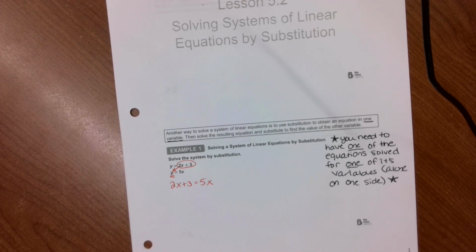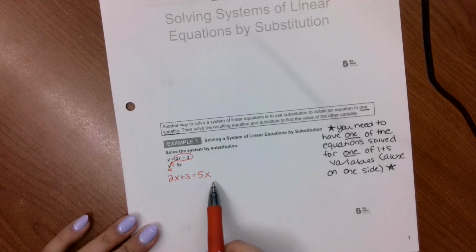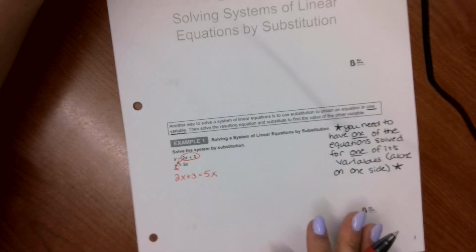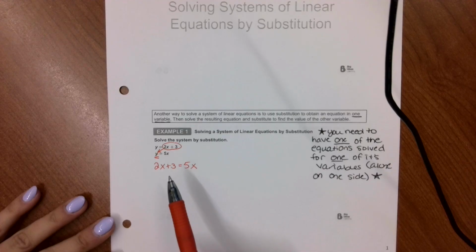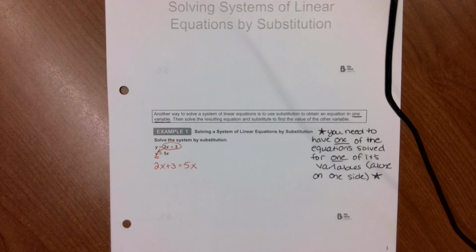By doing that substitution, I have now eliminated the y variable, and I only have one variable, x. And this is just a simple equation that I now solve for x.